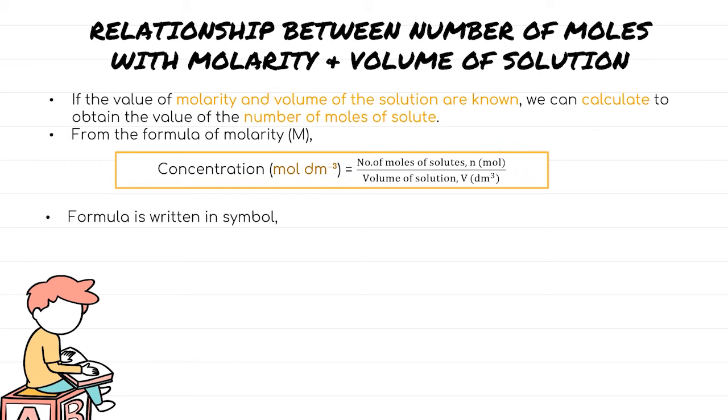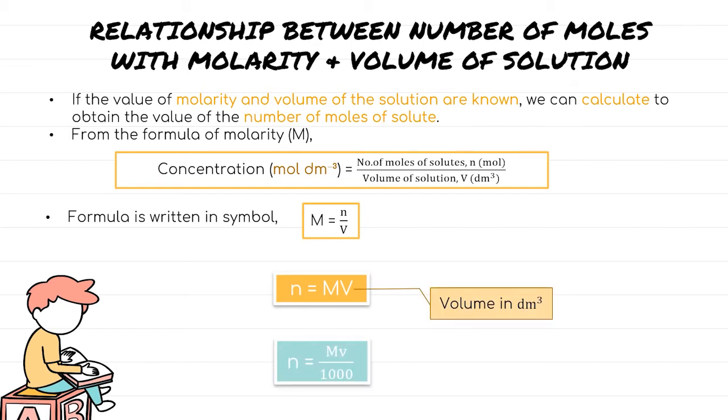In symbols, molarity equals n over V. So if you want to calculate the number of moles, we have n equals M multiplied by V. Here the volume is in decimeter cubic or liter, and here the volume is in centimeter cubic or milliliter, so it needs to be divided by 1000.